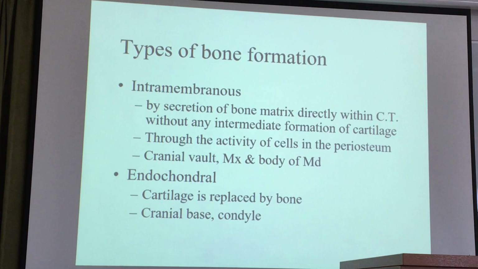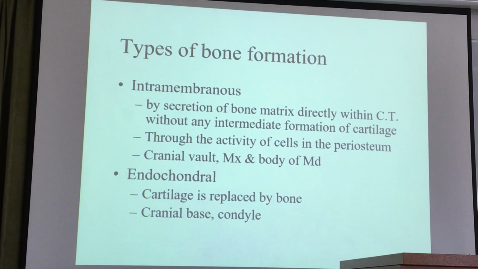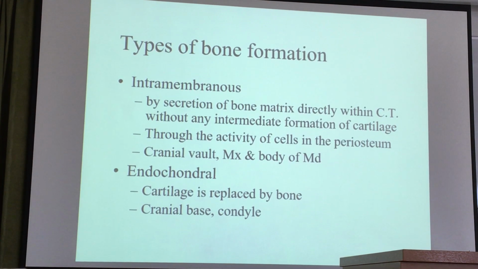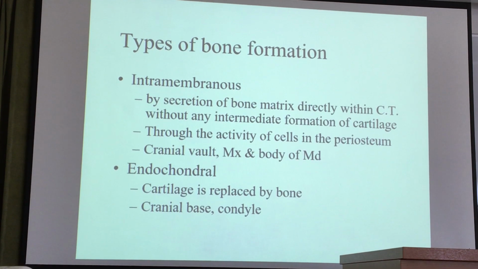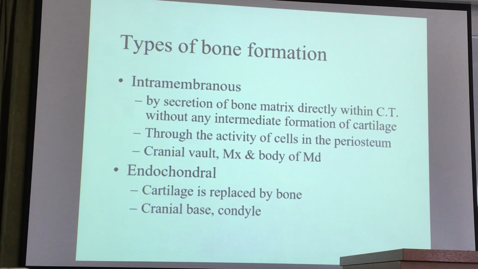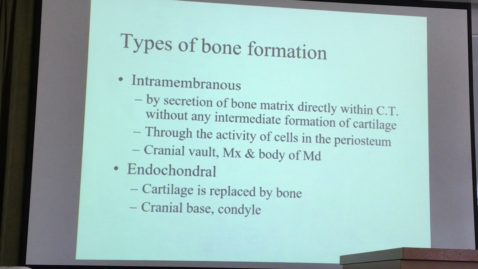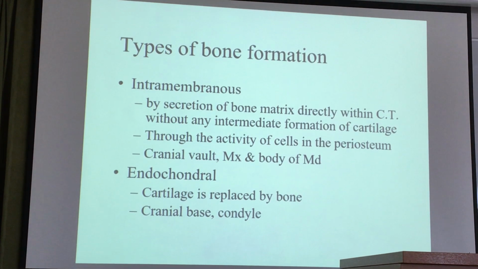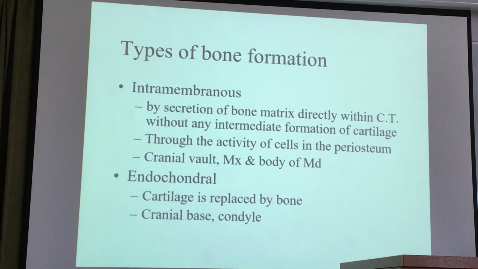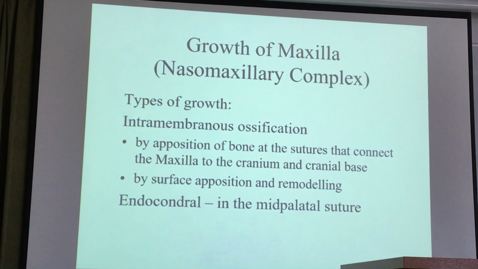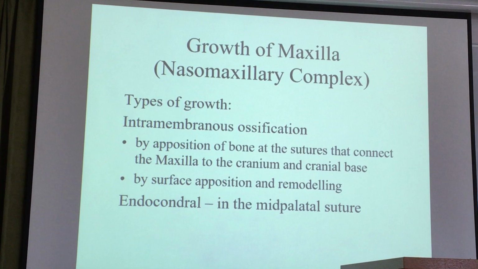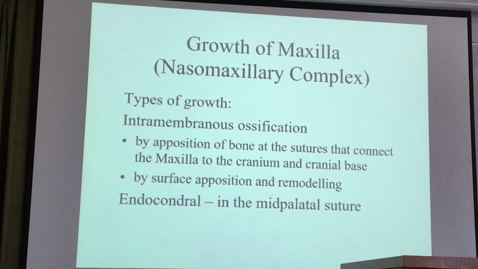So in intramembranous there is no cartilage plate or cartilage area before the bone is formed, but in endochondral bone formation there is. You may know this from anatomy. I don't know what your subject is, but you may know these types of bone formation from anatomy.